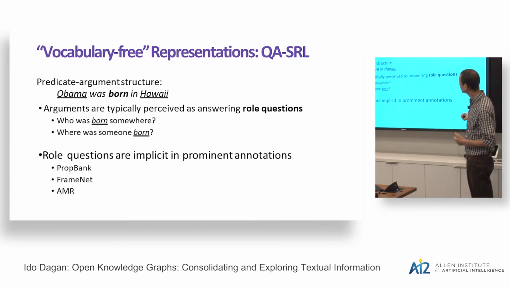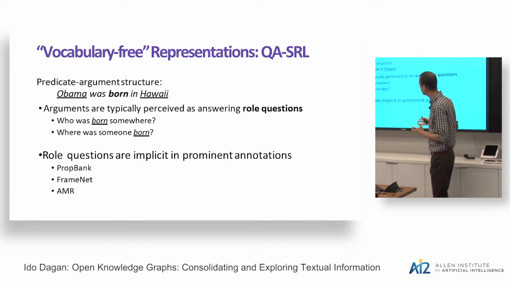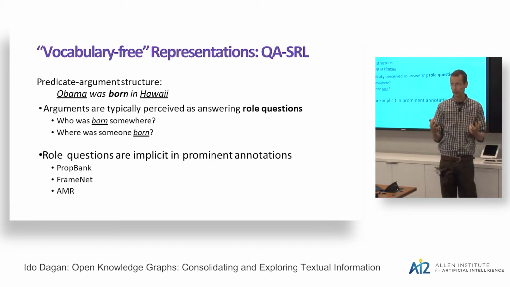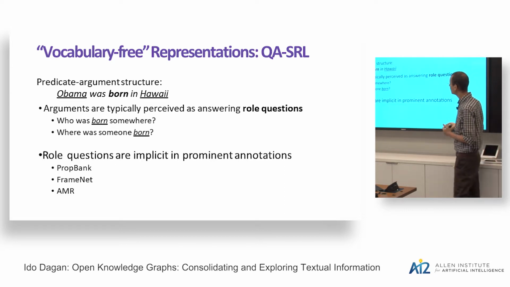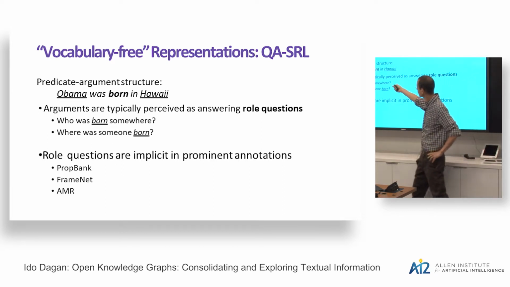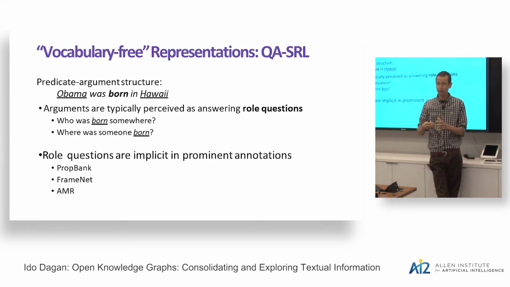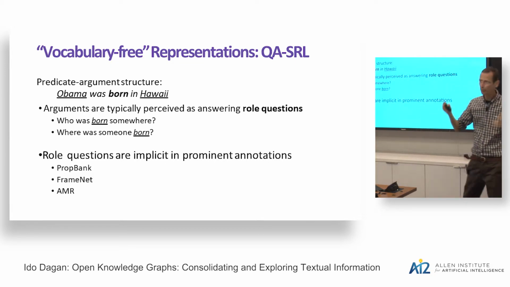More recently, QA-SRL, the reference will be in the next slide, suggested that maybe we can also capture in natural language terms the roles between predicates and arguments. So basically, as background, predicate argument structure is often specified, if you read the PropBank introduction, when people talk about semantic role labeling in general, they always say: what is a role?